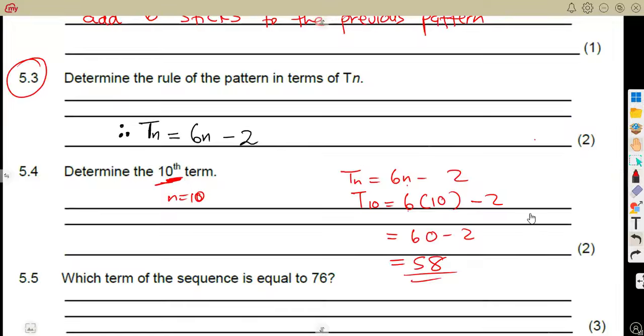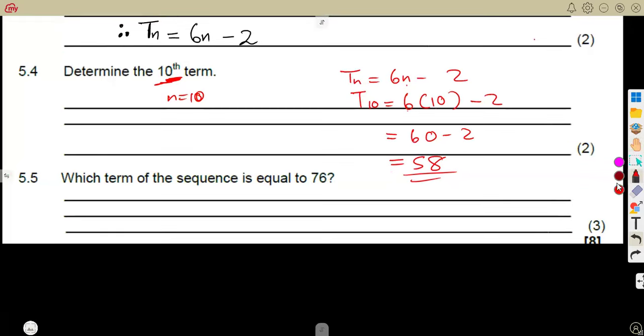All right. So another part, take note about this one. They are saying, which term? Take note here. Determine the 10th term. They were given to say it is the 10th term. We are told that n is 10, the 10th. Now they're saying which term? They're saying calculate, find the value of n.